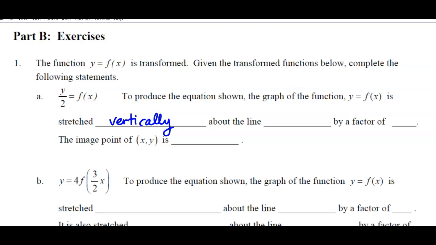Now this says about the line. You're not going to say about the line x-axis. You're going to give the equation of the x-axis, which is y equals 0. And in this case, by a factor of, so here, the reciprocal of a half is 2, or you can solve for y to see that it's 2. So the image of that point will be (x, 2y).